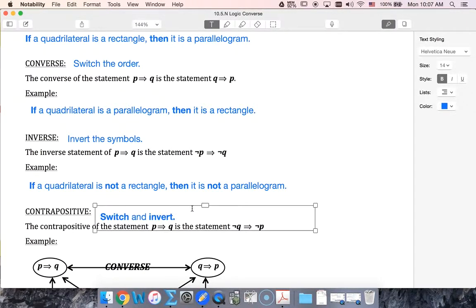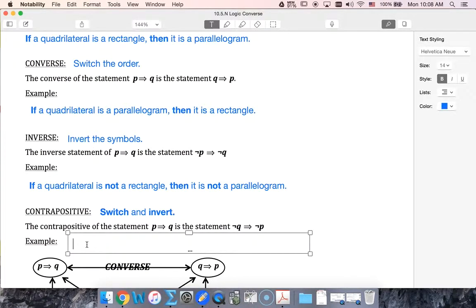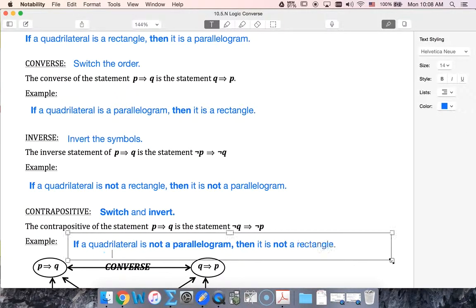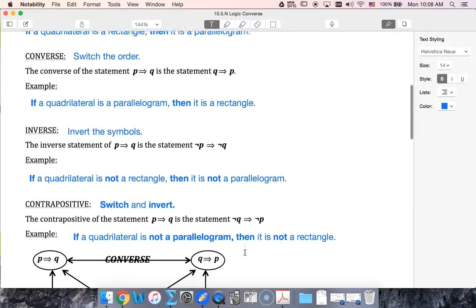So the contrapositive of our statement is if a quadrilateral is not a parallelogram, then it is not a rectangle. So we've both switched the order of the statements and made them the opposites.